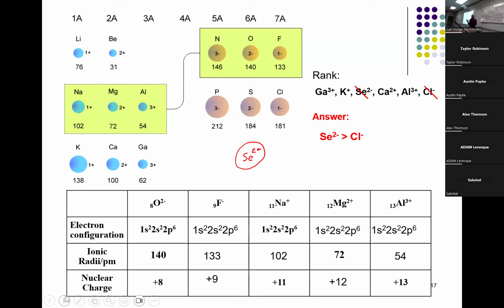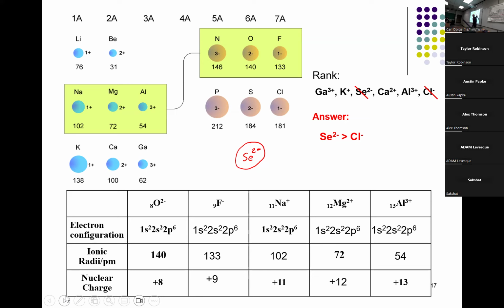Now, here's where students are pretty good going across, but then how do I get to these cations? Well, I can't compare these anions to these cations directly. But I can compare these anions to these cations. These are smaller than these. They have to be. They're part of an isoelectronic series. So are there any of these cations in this list?